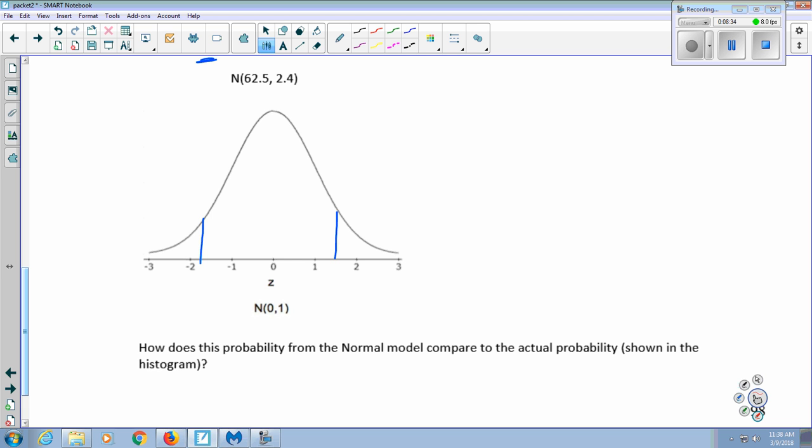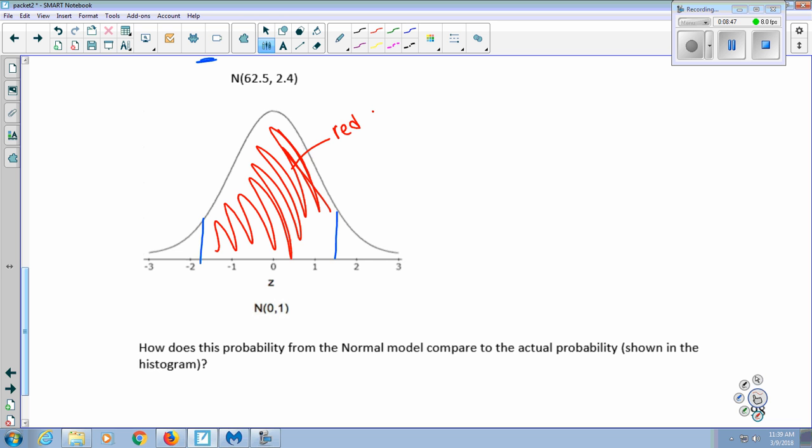Okay. So let me color in a little bit. What we're really interested in is this red area. And so this is our interest to find the red area. But in order to do that, we have to use our table. So if we look up this number here, the negative 1.67, our table is going to give us the probability of being over here, which is good.